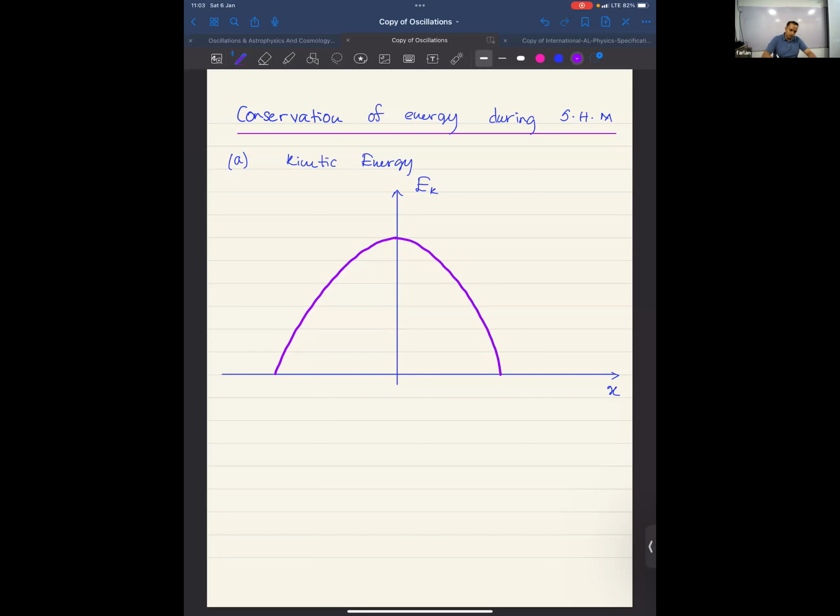Here the displacement is the amplitude, A, and here it is minus A. So just y equals x squared, inverted. Kinetic energy will be maximum at the equilibrium point and 0 at the amplitude.